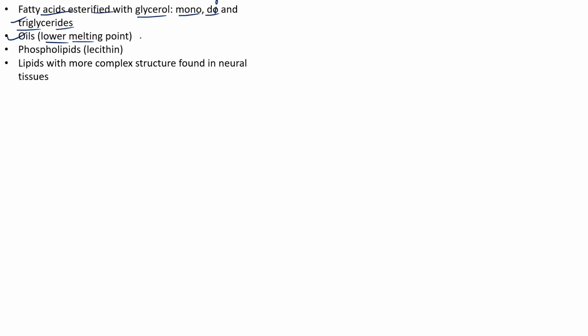An example for an oil is gingerly, which we call sesame oil. Now we have one more type of lipid called phospholipids. If you try to recall the term phospholipids, we have mainly encountered it in the cell membrane, right?